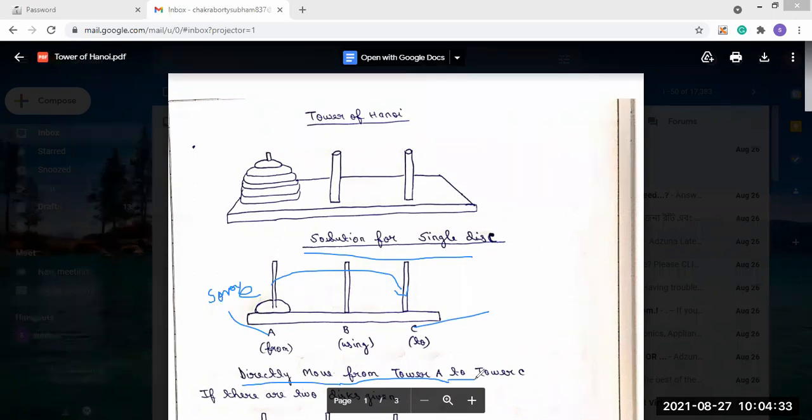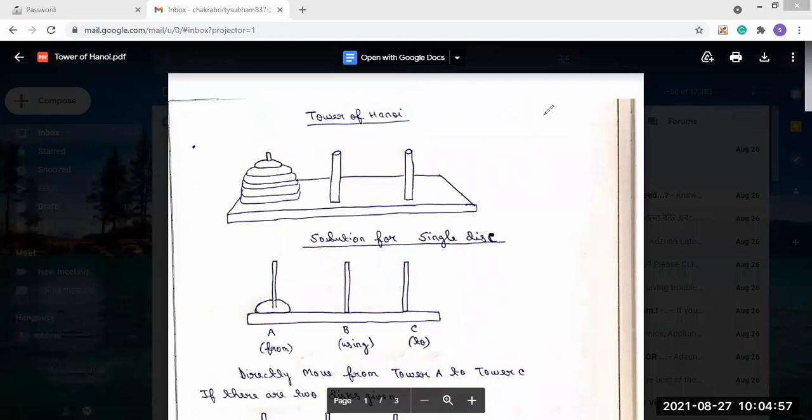So this is the solution in the case of a single disk.